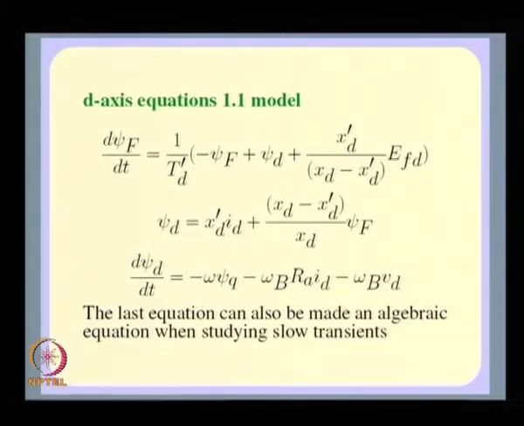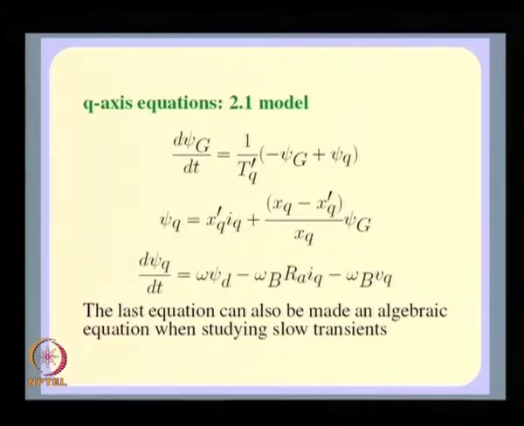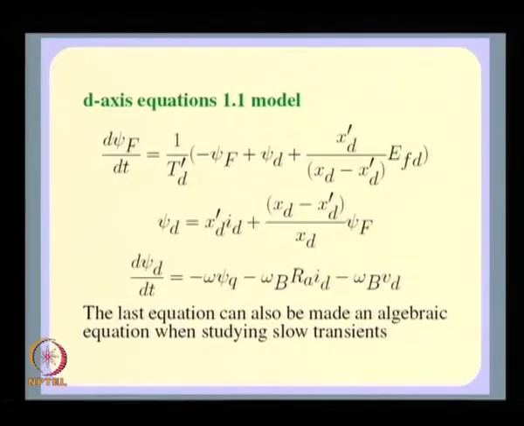We can go one step further. We can actually get rid of the last remaining winding, the damper winding on the q axis. That is the G winding. But at this point, let us just take a small diversion, not a very big one. A 1.1 model means you will be using these equations on the q axis and these equations on the d axis.